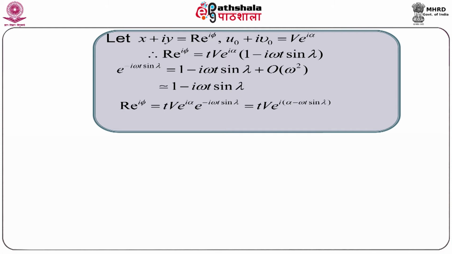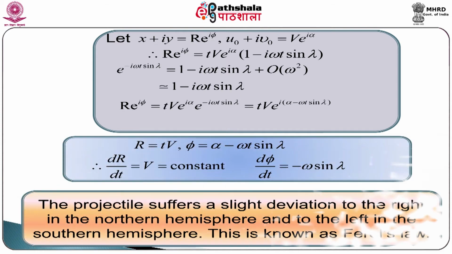Therefore, we have capital R into e to the power i phi equal to t into capital V e to the power i alpha into e to the power minus i omega t sin lambda, equal to t into capital V e to the power i into alpha minus omega t sin lambda. This gives capital R equal to t into capital V, phi equal to alpha minus omega t sin lambda.